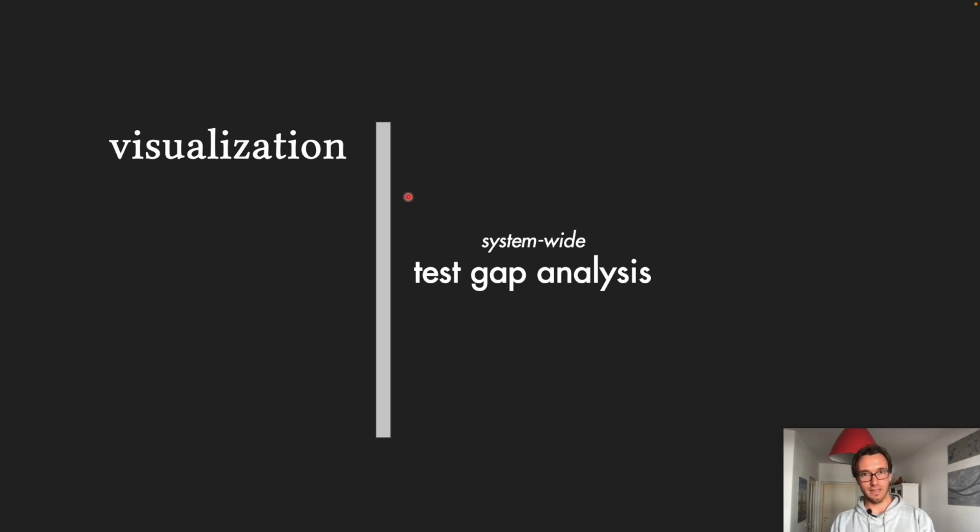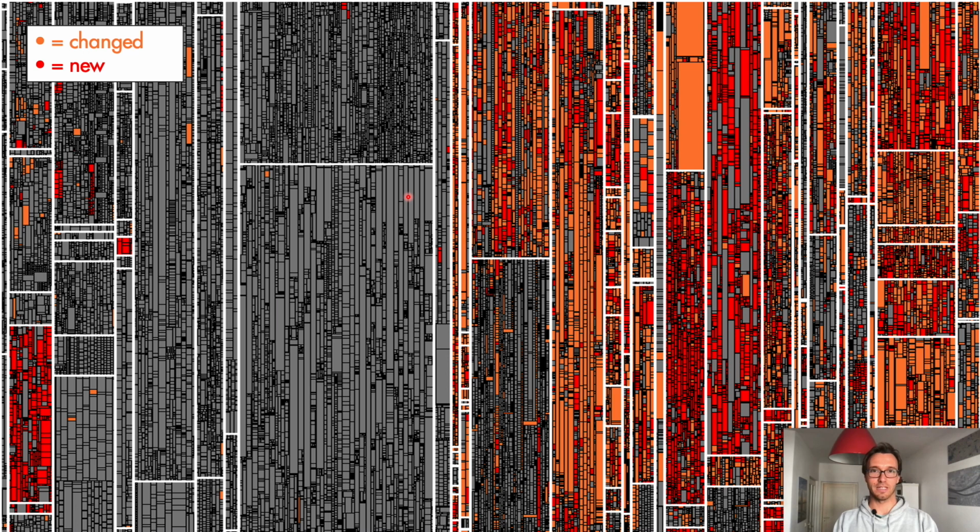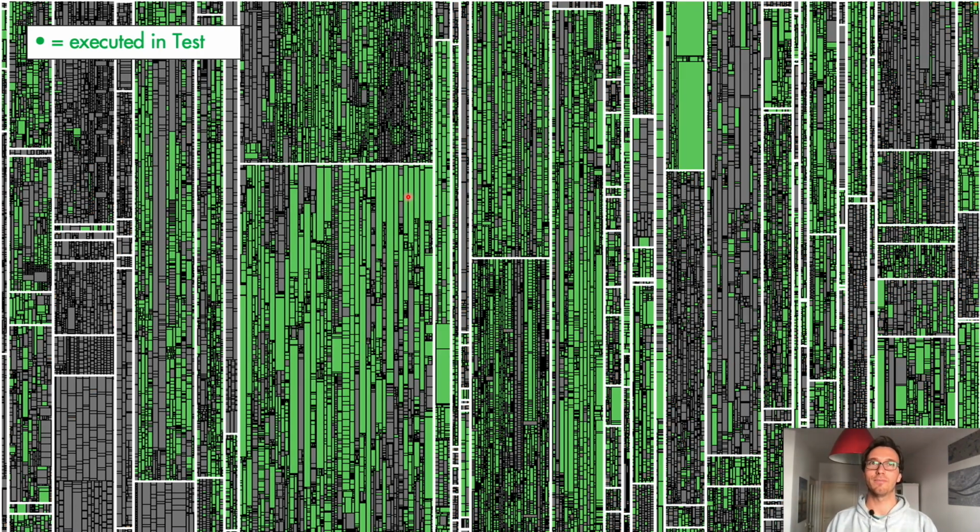So we already have all the ingredients that you need for that analysis. We have the changes tree map from before, we have the execution tree map from before, and to now get to the results of a test gap analysis, I just take the changes tree map at the bottom and lay the execution tree map above, ignoring all the methods that have not been changed.